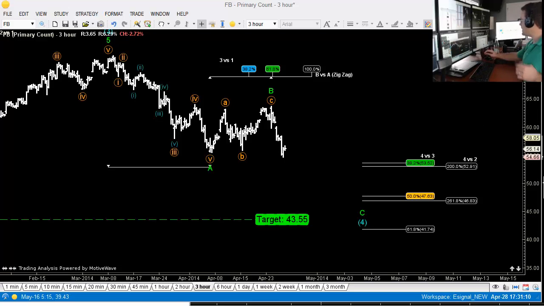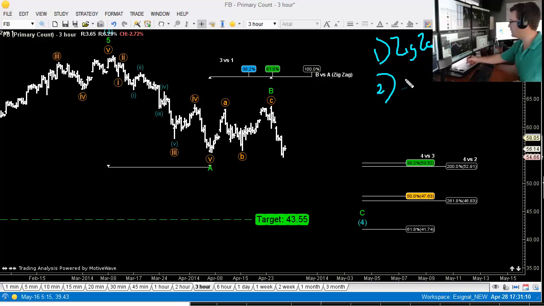The three corrections that you want to be focused on are, number one, a zigzag, kind of goofy name, I know. Number two is a triangle. And number three is a flat. There's really only three kinds of corrections.